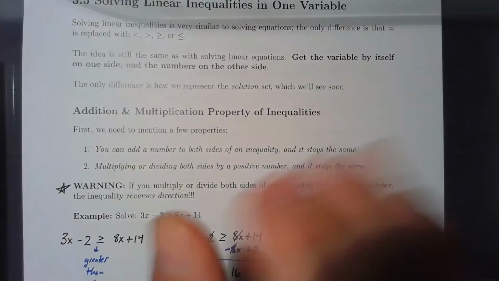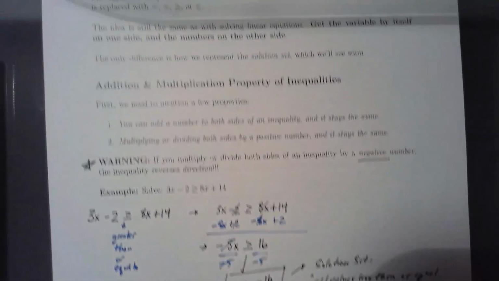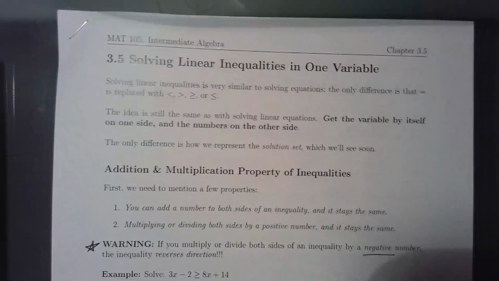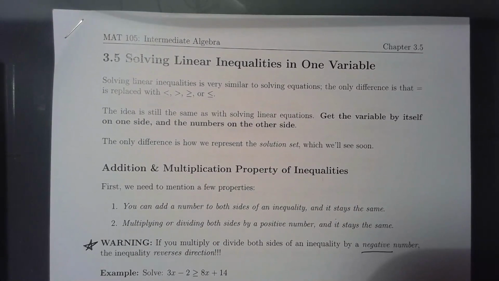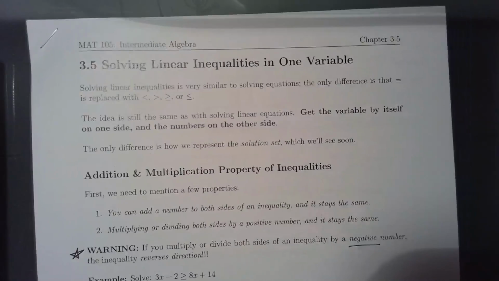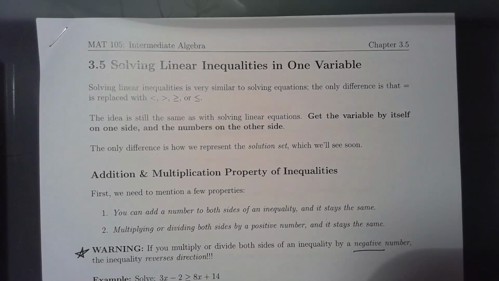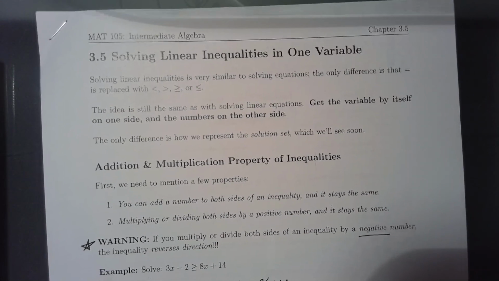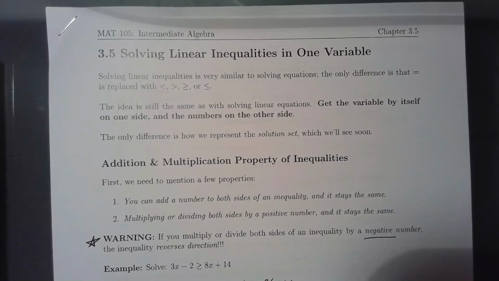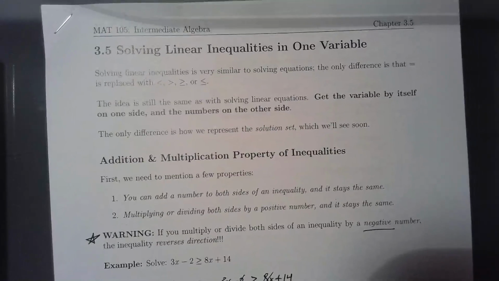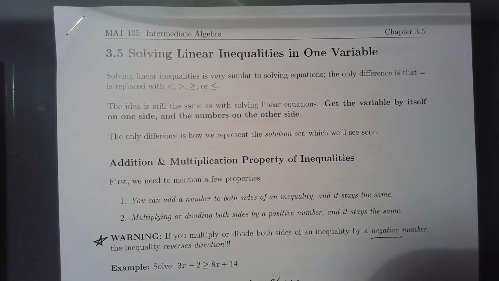But again, that's it for this section, and that's it for chapter 3. And there's only one section in chapter 4 we look at. We don't do chapter 5 in this course, so that's the last section in chapter 3 right there. Again, that's it. So that's solving linear inequalities, and that's the end of the video.